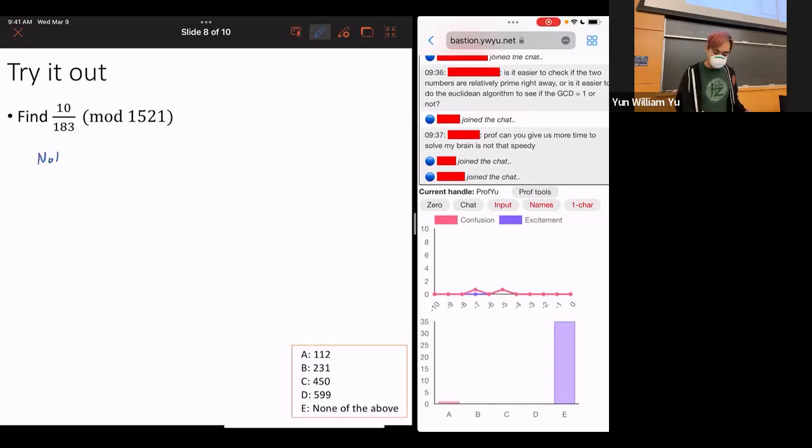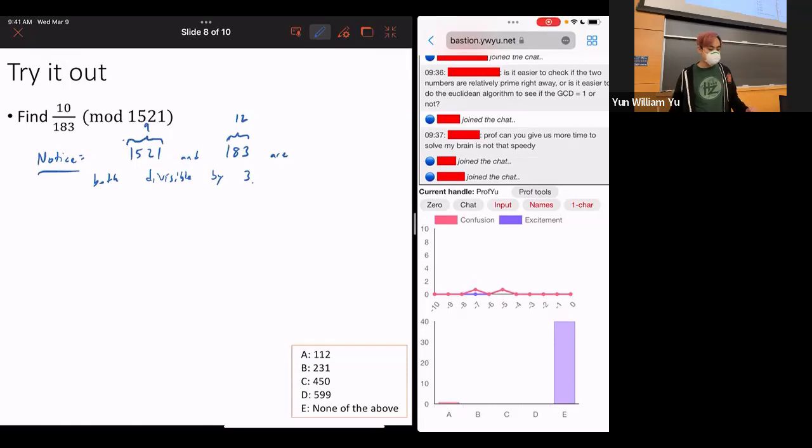So notice that 1521 and 183 are both divisible by 3. Right? Because these digits sum up to 9, and these digits sum up to 12. So those are both divisible by 3. So therefore, it's ill-defined.